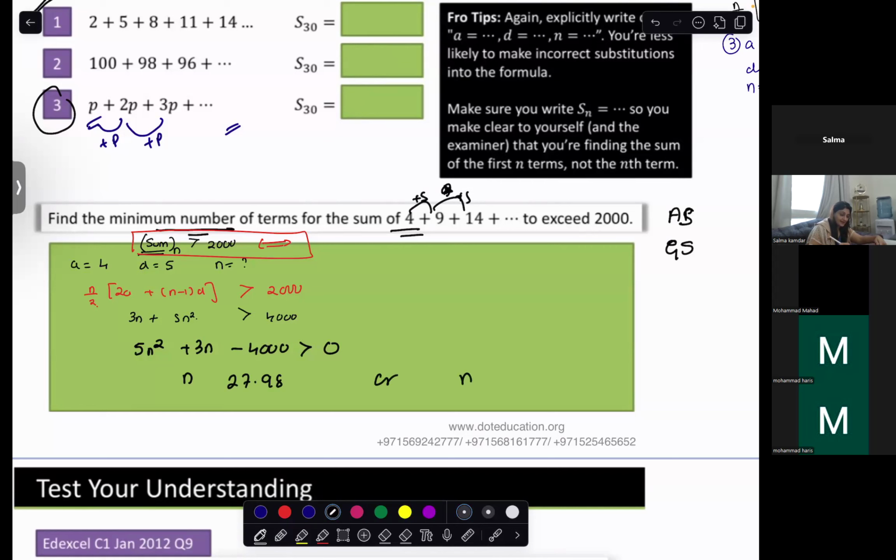What sign would I put? Since we cannot have a negative n, we're going to take the positive one.